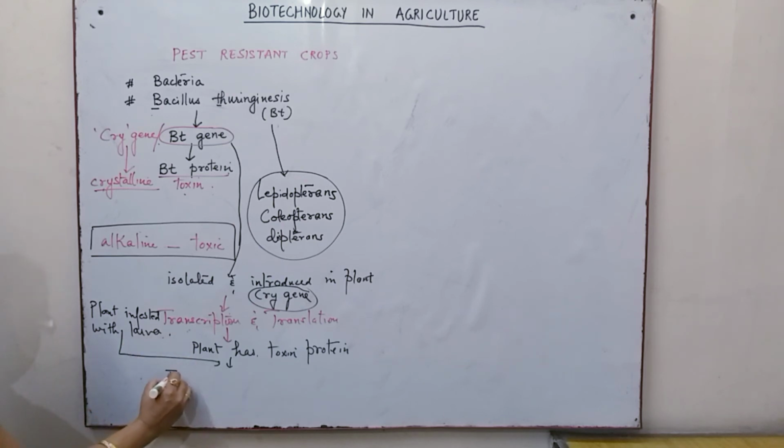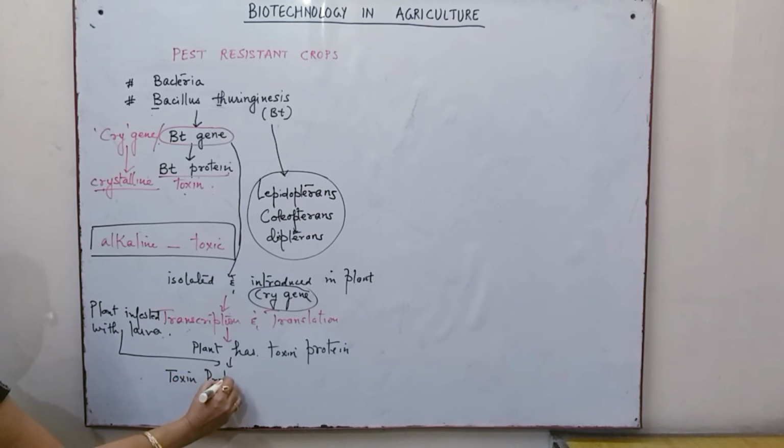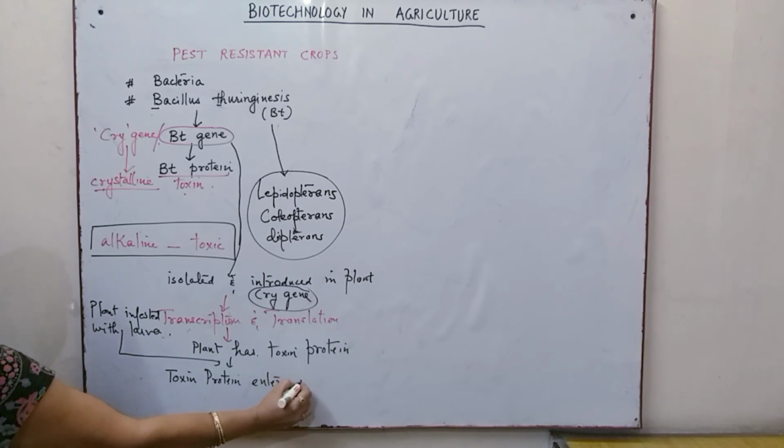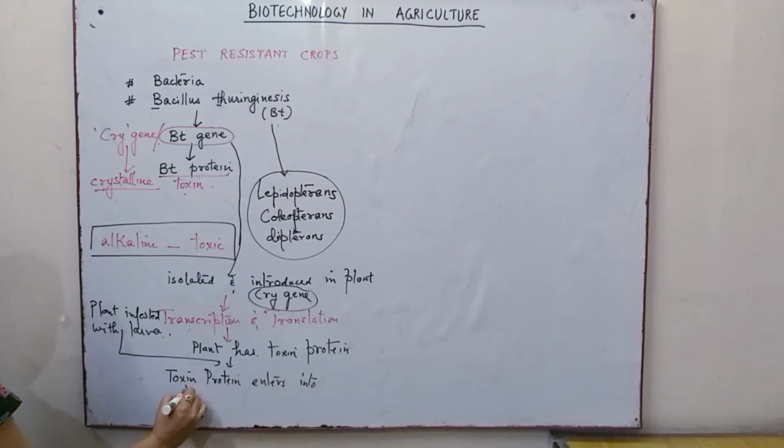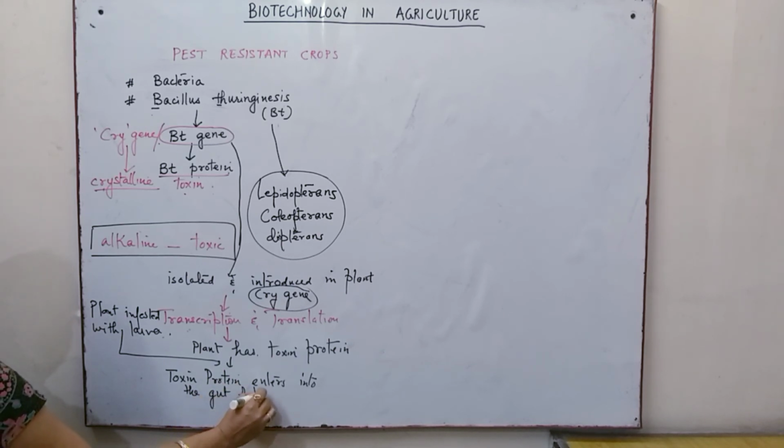So what happens over here? The toxin protein enters the gut of the larva, where the medium or the pH is alkaline.